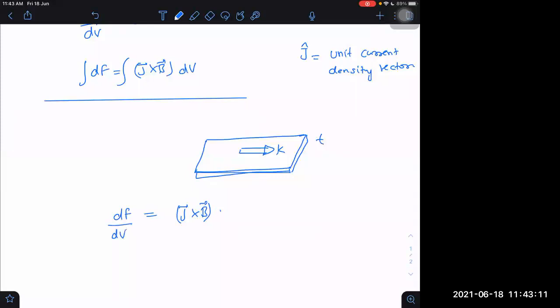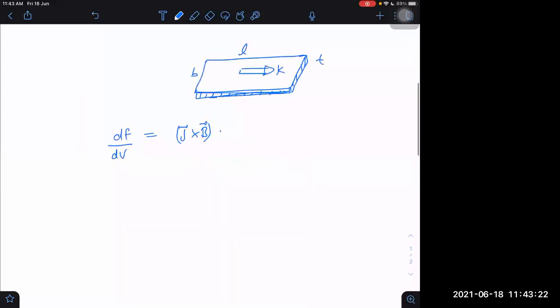But what would be the volume here? Volume will be thickness into width into length, thickness into L into B. That is equal to volume. So I can see that net force upon volume, if it is uniform acting everywhere, I can write as net force upon net volume also.